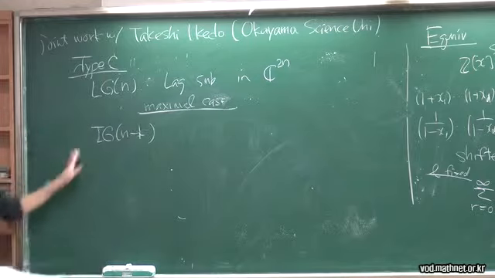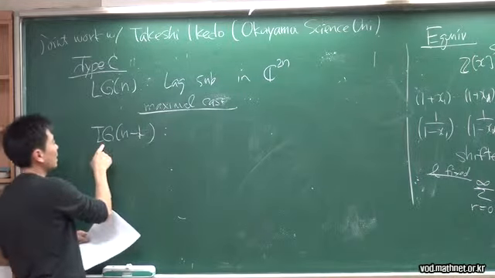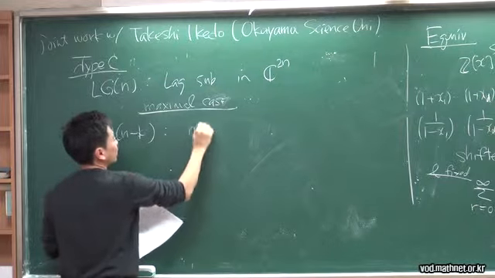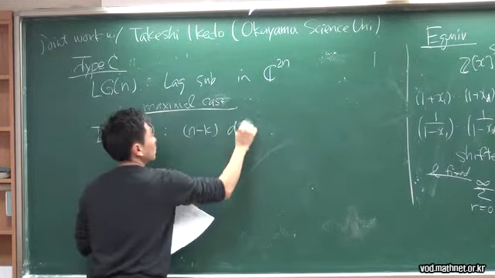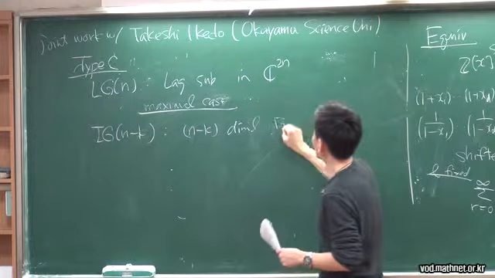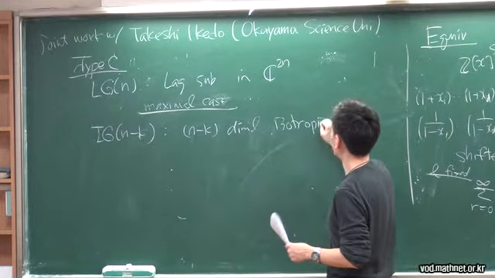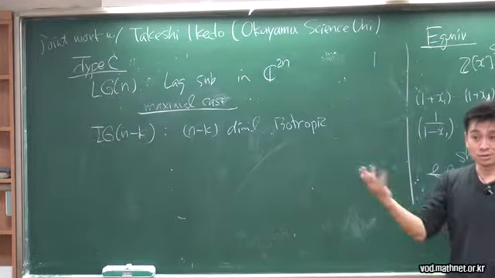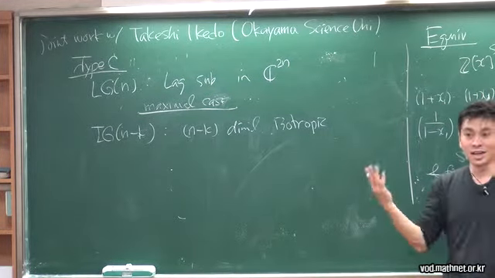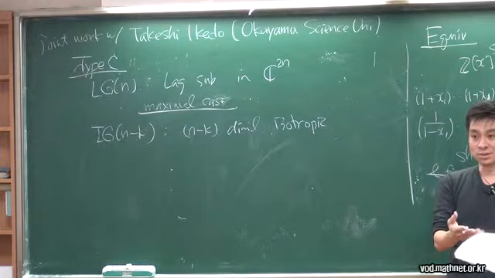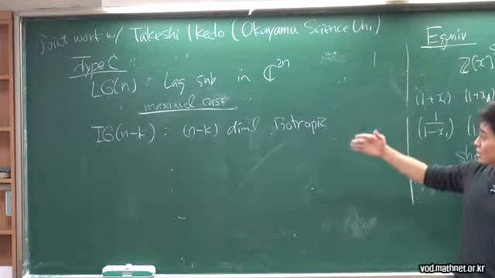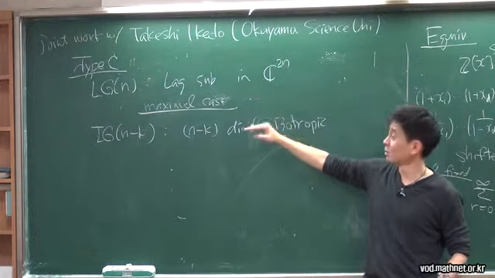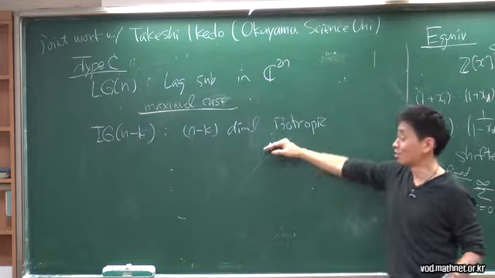But then the non-maximal case, the standard notation is this n minus k isotropic Grassmannian. So it's the n minus k dimensional isotropic subspaces. Isotropic means that you have a symplectic form, and if you put two vectors from this subspace, it's always 0. That's the isotropic condition. So the dimension is always less than half of the dimension of the symplectic vector space in the non-maximal case.